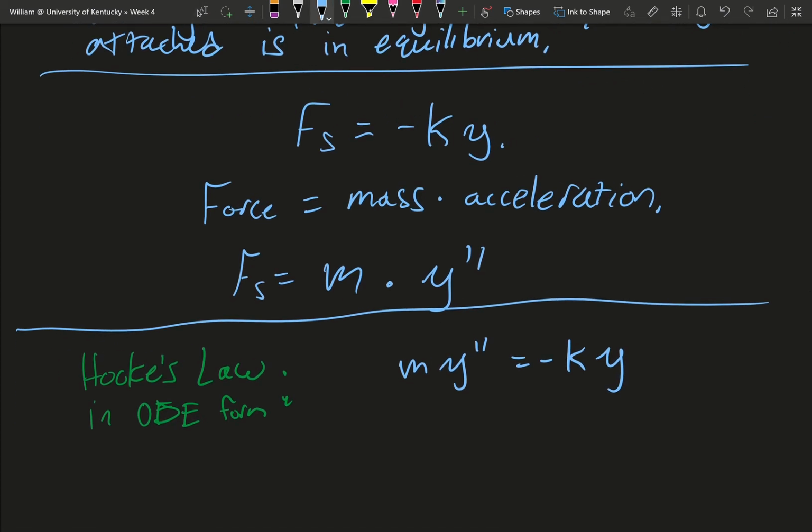And if we move that over to the other side to get something a little more familiar, we get something like this, where note m and k are both strictly positive.